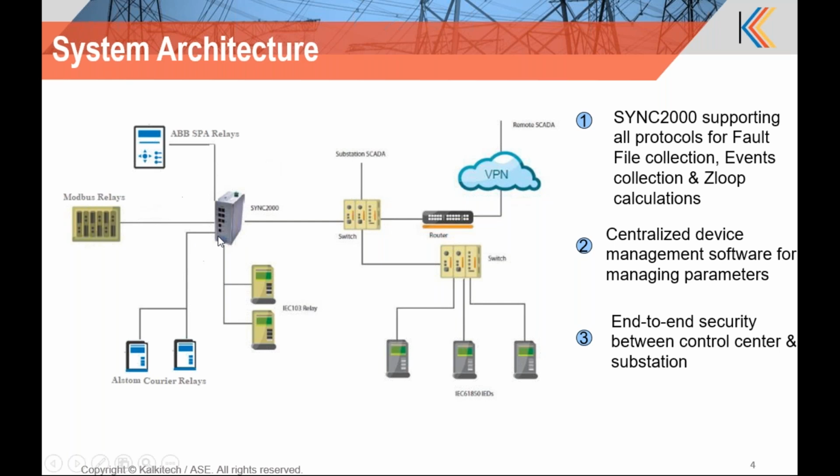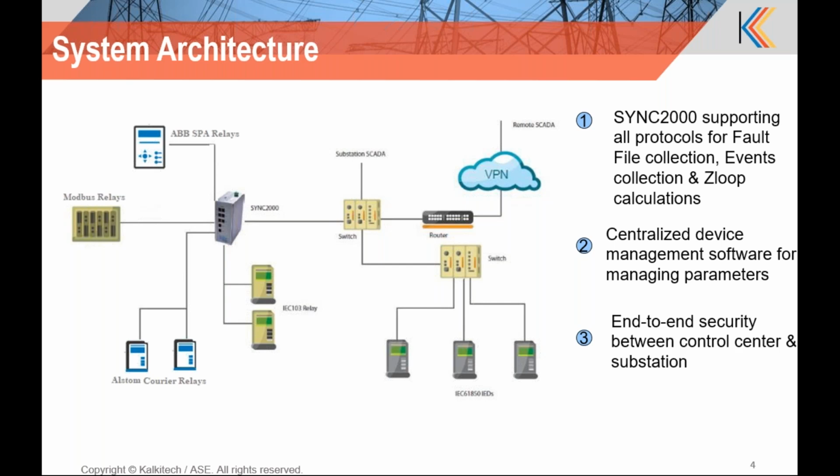This data is sent over the existing protocol to the central SCADA system, which is enabled with the GIS system, and each branch in the MV network can indicate its impedance value. So from the impedance provided by the SYNC2000 gateway, the central system can calculate where this impedance lies with respect to the fault, and pinpoint on a map the probable area at which this fault has occurred.